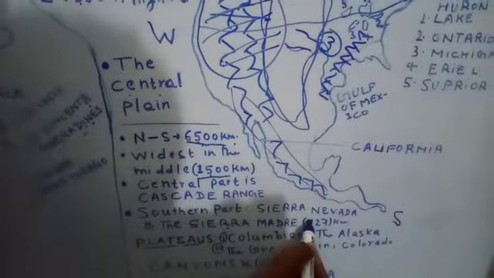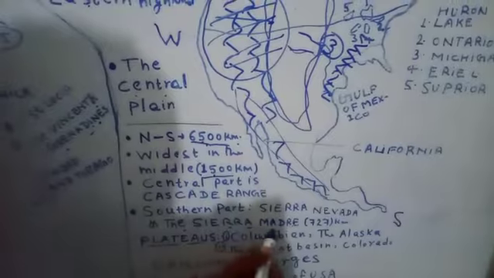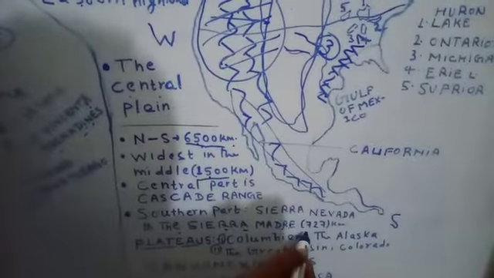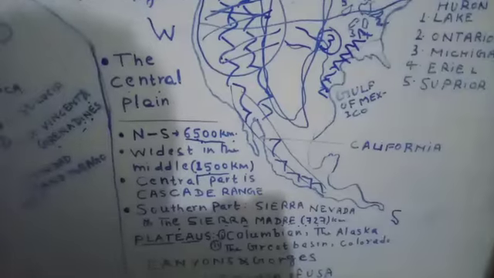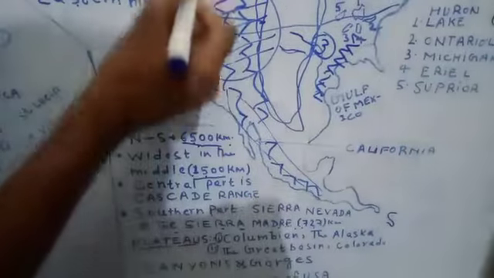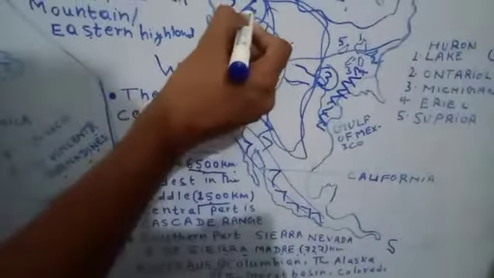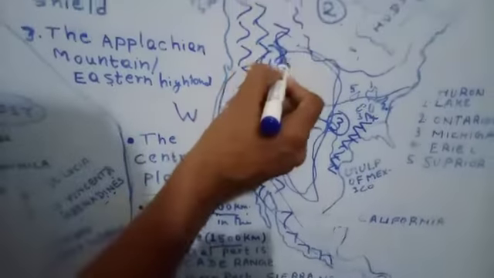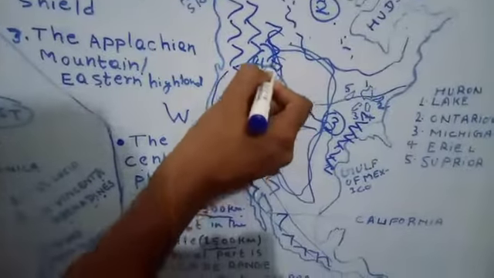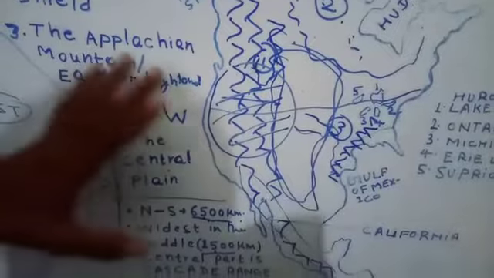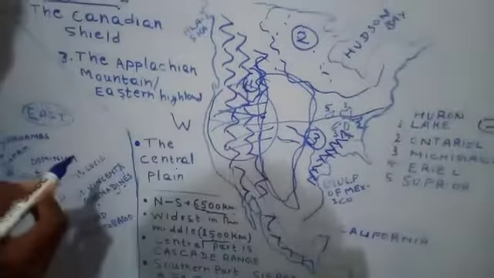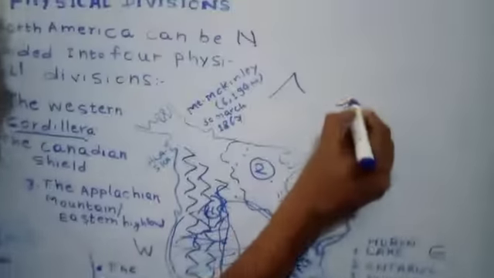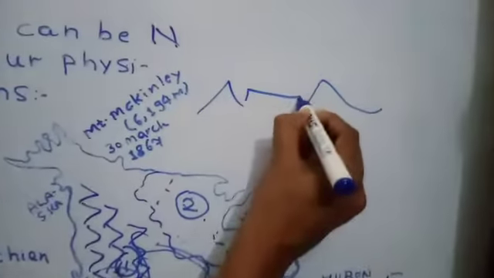The Sierra Nevada's middle part's height is 727 kilometers. Now in between these series of mountains, there are plateau ranges called intermountain plateaus. Now let me explain what an intermountain plateau is.